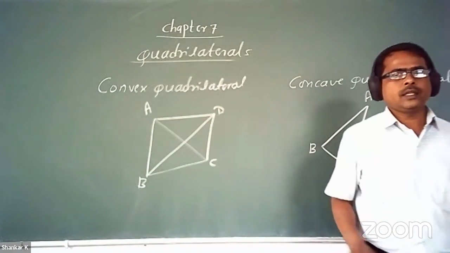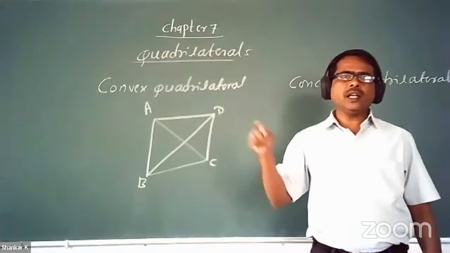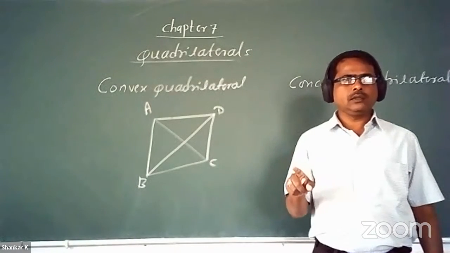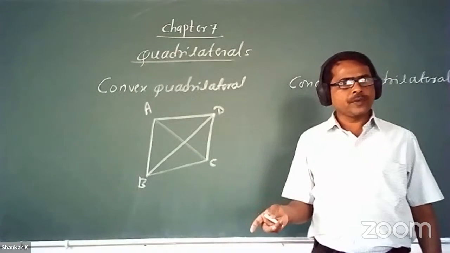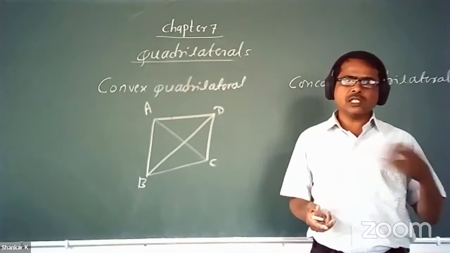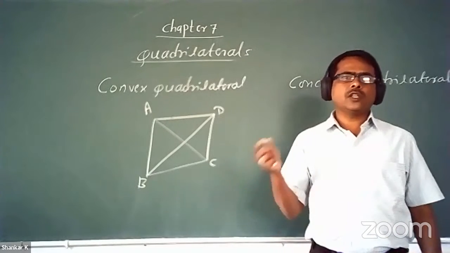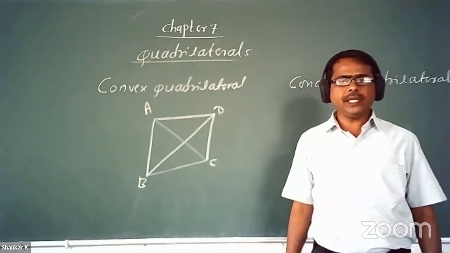That is, the boundary is also in the interior of the quadrilateral. Interior means inside, exterior means outside. Then where is the boundary? Is the boundary inside or outside? The boundary is also inside. It is in the interior.